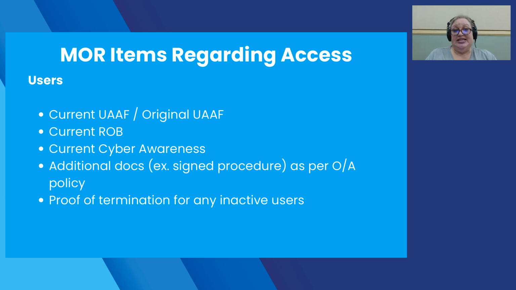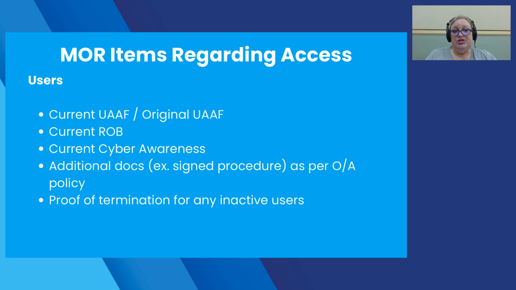Here's what we want to see in EIV for the MOR when we come to review your files and your EIV binder. For your users, you want the current user form and the original handwritten user form. So the current one is going to be a printout of what you did on the web page. The original one is going to be the handwritten original UAAF that was filled out.